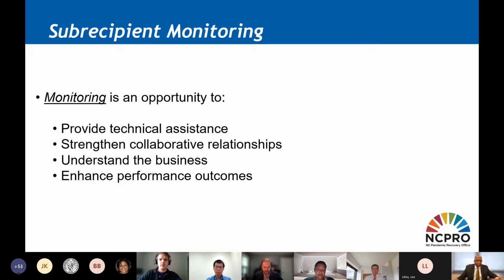So along those lines as well, as we strengthen those partnerships with the subrecipients and we understand the business, we are in a position to enhance the outcomes of the program.